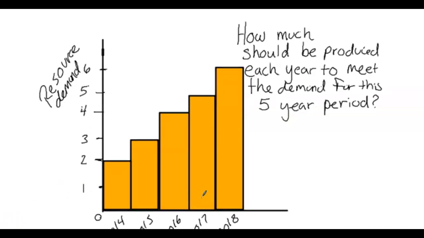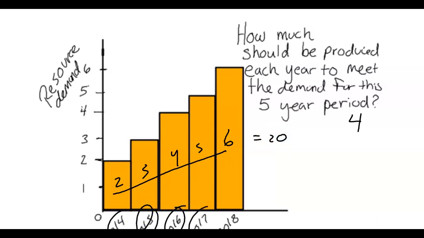All right. So the answer to our question here is 4 units, or 4,000 units, or whatever the amount is per year. How do we get that? Well, we know in the first year we need to produce 2, the next year 3, the next year 4, then 5, then 6. Altogether, that makes 20, and we need to do that over a period of 5 years.